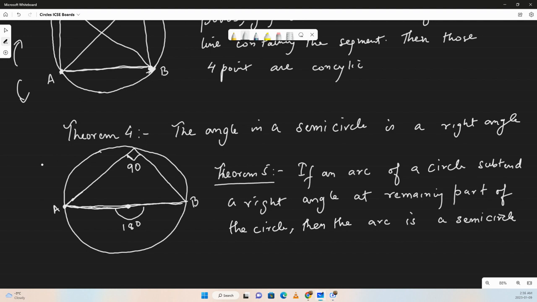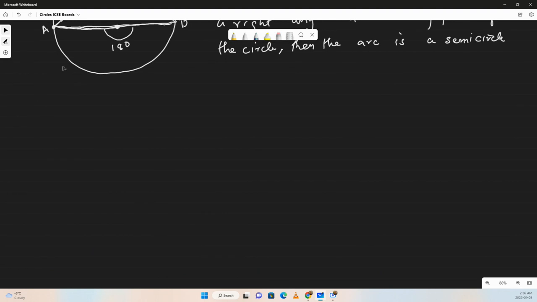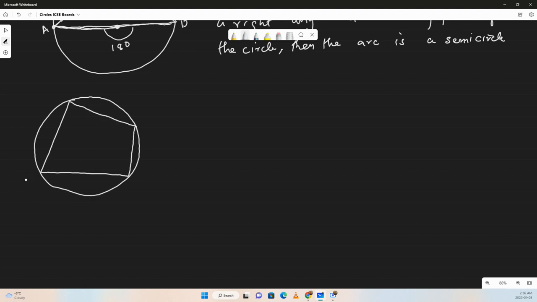Our next theorem says that the opposite angles of a cyclic quadrilateral are supplementary. So what does that mean? So let's draw a cyclic quadrilateral. A cyclic quadrilateral means a quadrilateral inside the circle. Any quadrilateral inside the circle is going to be a cyclic quadrilateral. So let's draw this.